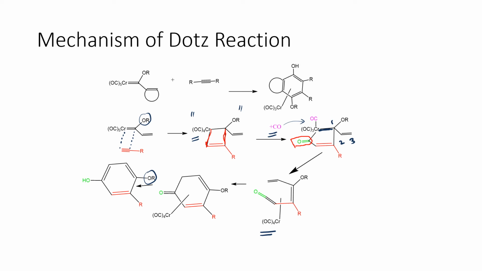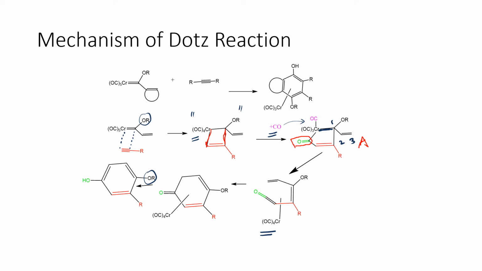That now forms a metallocyclopentene, which I will label as A. So metallocyclopentene has been formed, and this is labeled as A in this slide.